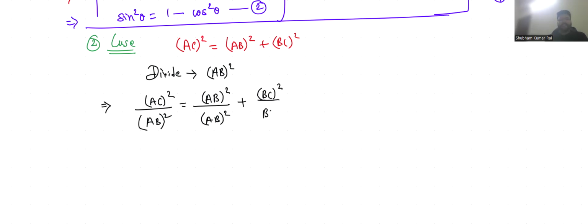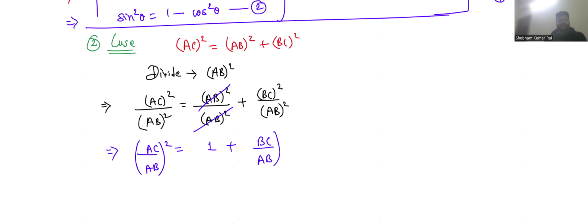We are dividing with AB, right? Okay, if we move further, we can say that this has been cancelled. So it will become AC upon AB whole square equals 1 plus BC upon AB whole square.